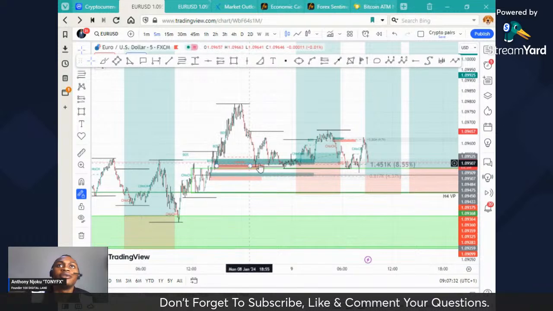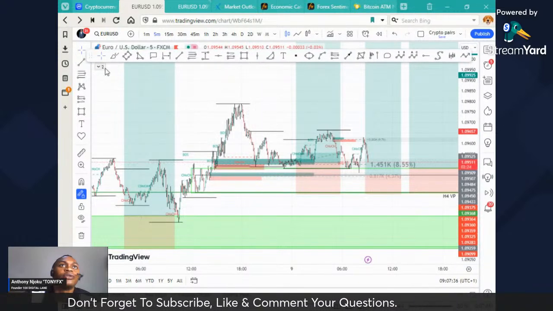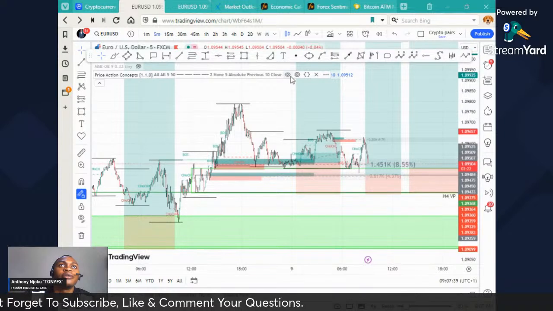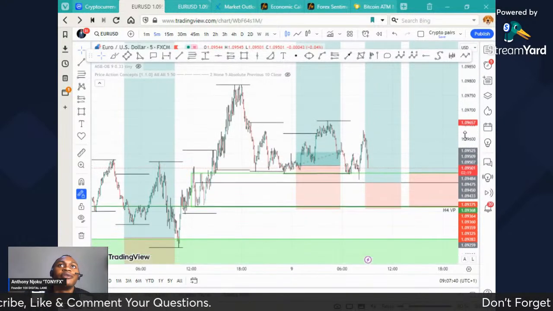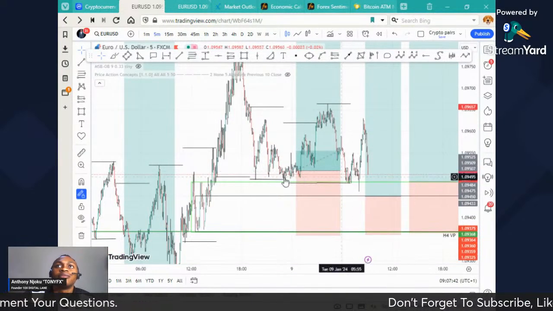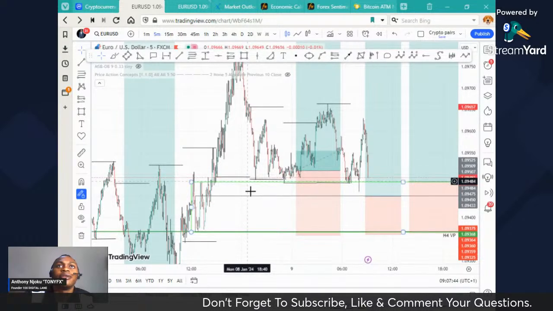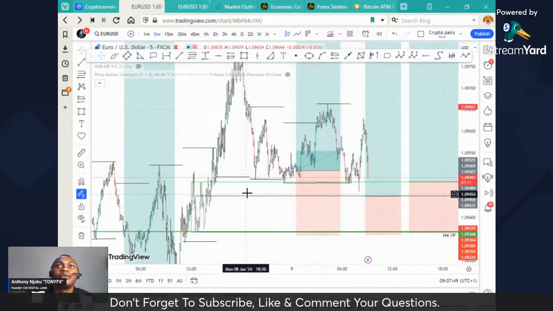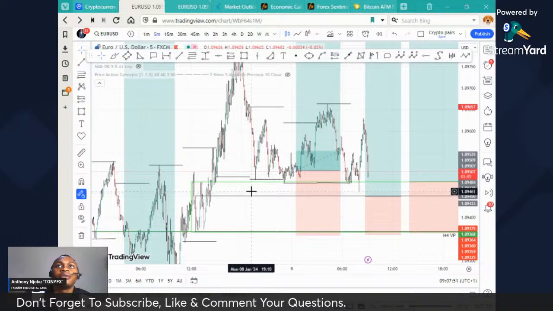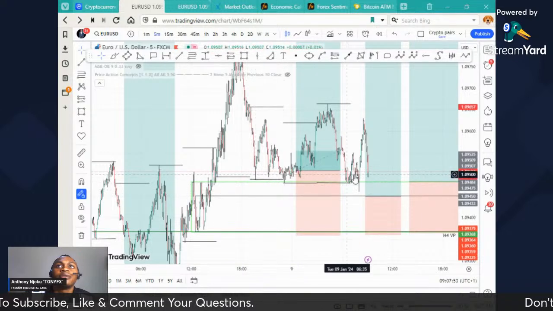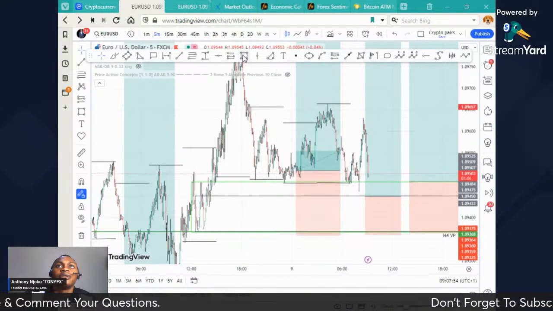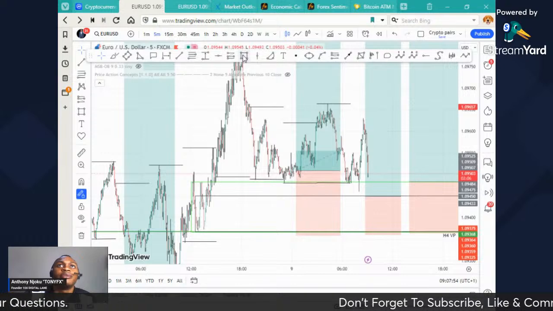There's a lot of consolidation going on here. This is looking like a range to me. It's looking like a range over here. Let me mark it out.